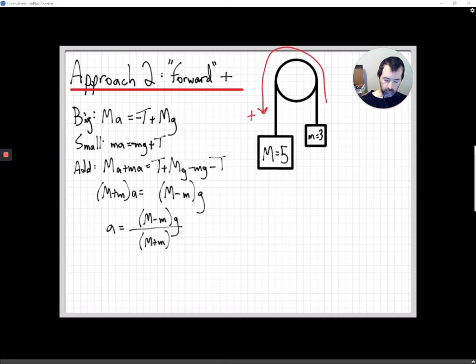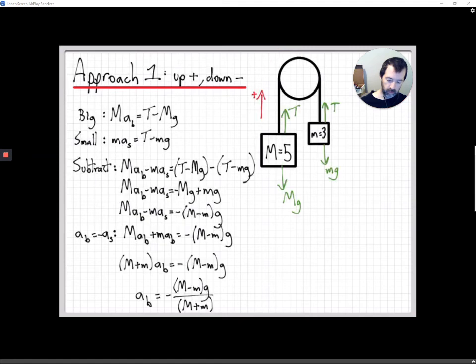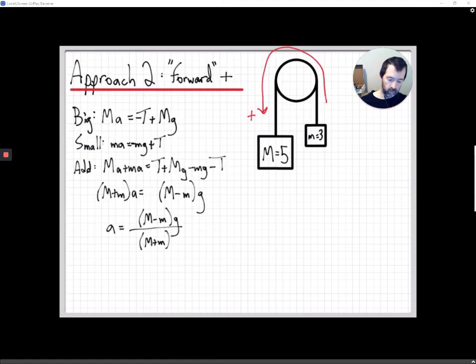So the difference between this answer and the previous one is the minus sign that I just erased. If I flip back to the previous page, you can see the only difference in the answer is that explicit minus sign in front. The reason that I don't need the explicit minus sign this time is that I defined the direction of the acceleration to be positive.